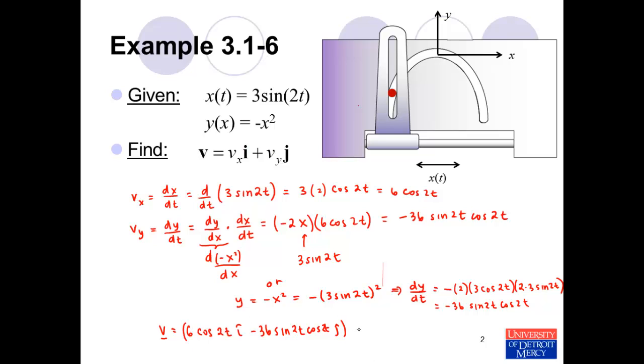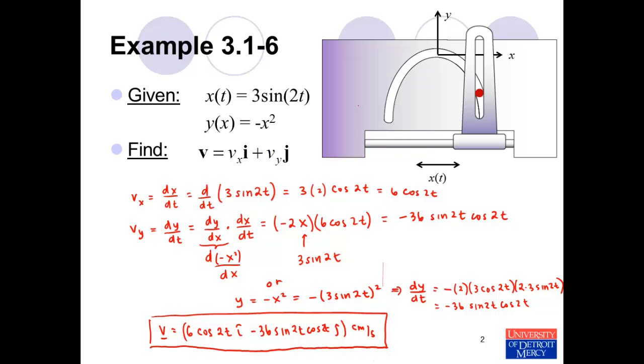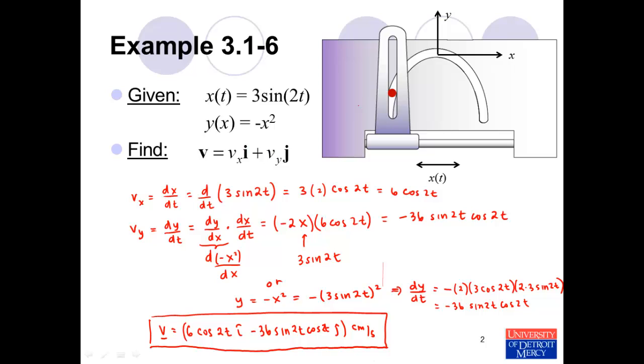And we know that the length units, the units of x and y, are in centimeters, and the time units are in seconds. So our velocity will have units of centimeters per second. That is our velocity of our pin as it moves back and forth through this slot. And that brings us to the conclusion of this problem.